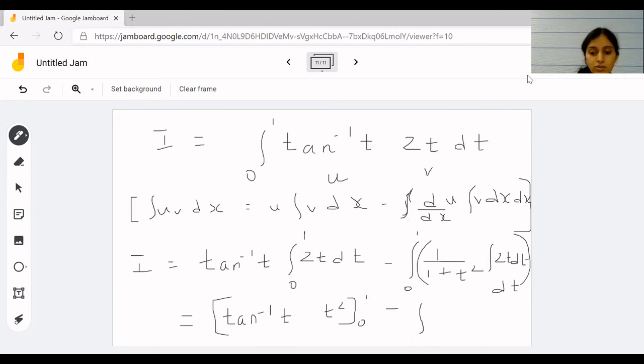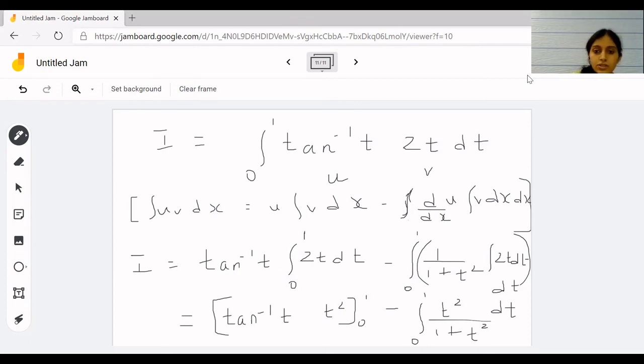So integral 0 to 1 t square upon 1 plus t square dt. Now here again you have to write the numerator in the form of the denominator. So you write t square as 1 plus t square minus 1 and then solve it.